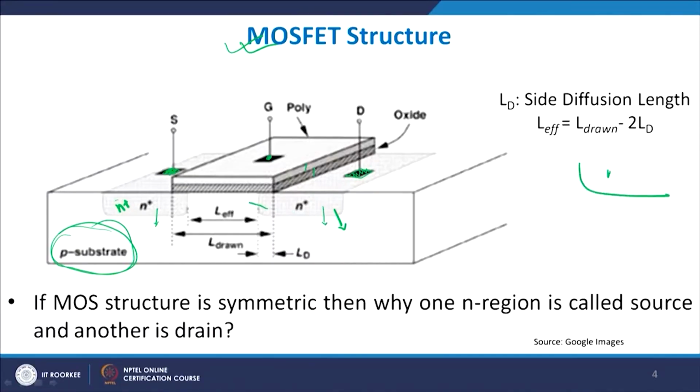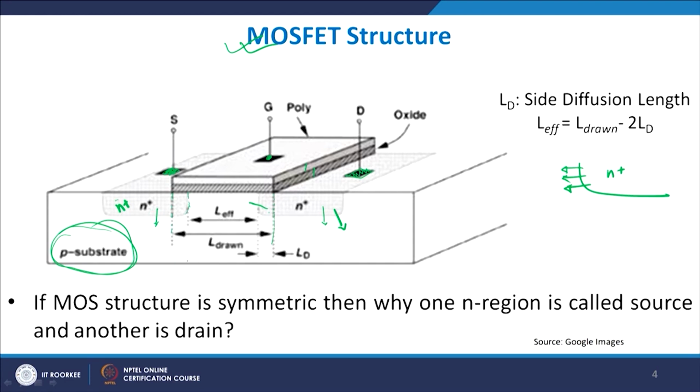You diffused it up to this much point, but after some time it starts shifting in this direction because of diffusion, and as a result you initially wanted it till here, but you ended up here. Similarly, you wanted it till the edge of the gate at the source region, but you ended up somewhere here.